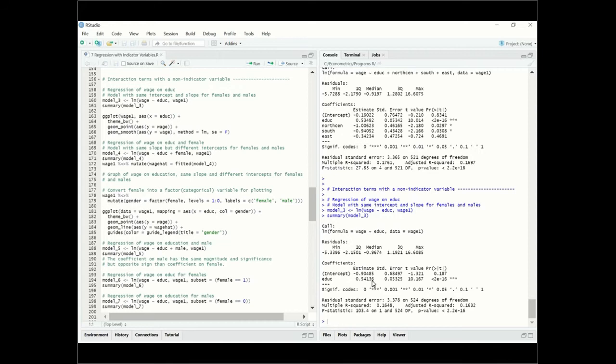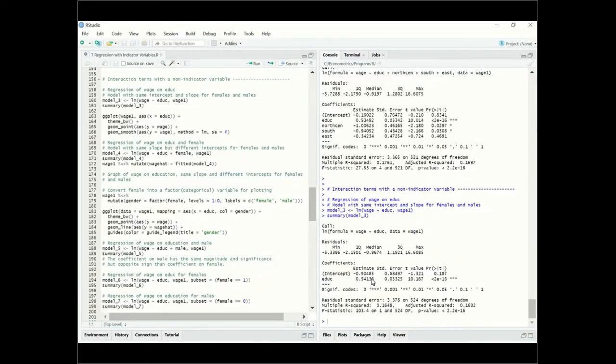Why are we saying this? Well, because female is nowhere to be found in this model. That variable is nowhere to be found in this model. So that's why everything is restricted to be the same for males and females. We're estimating one model across males and females. So here, this is the effect of education on wages for both males and females.